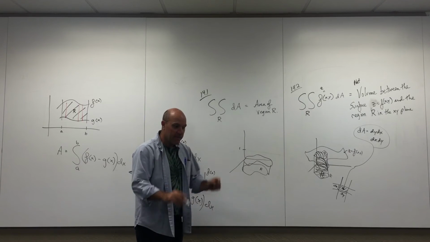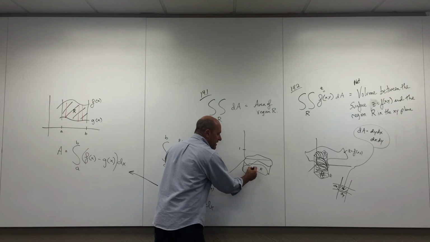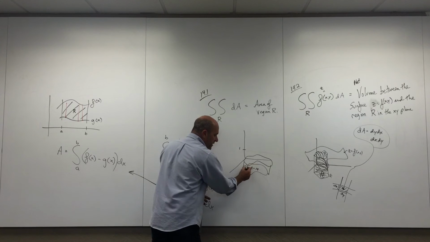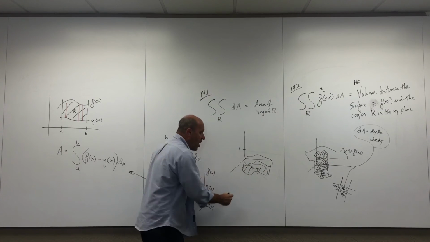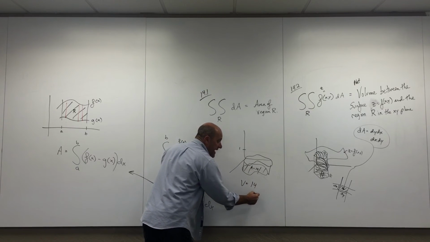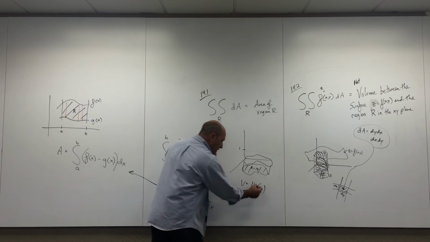But listen to this. Let's just say the area of this region is 14. So the area of the flat floor is 14. If you want the volume, isn't it the area of the base times the height? And what's the height? 1.